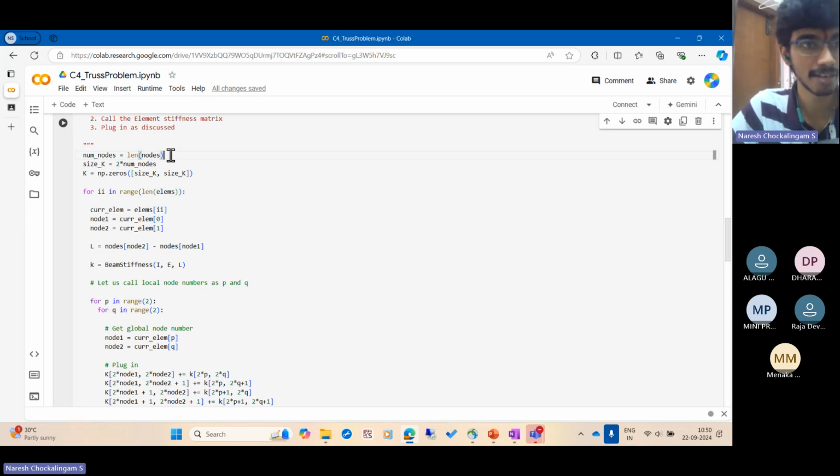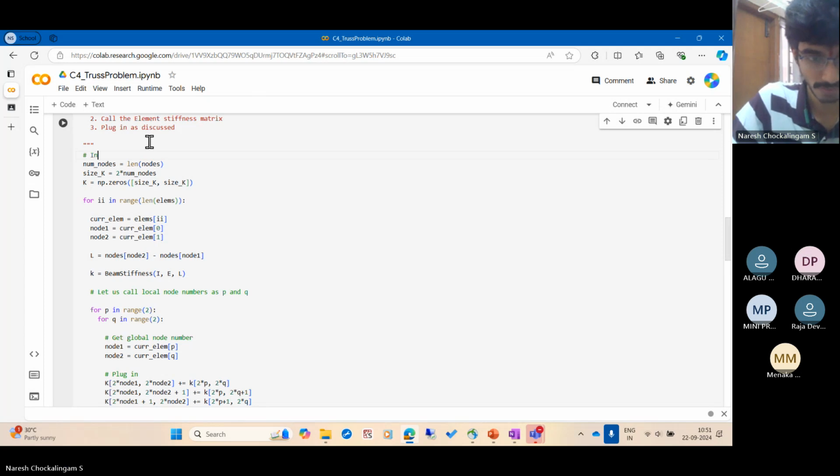So it is very similar. The first line will not change: num nodes is equal to length of nodes. The size of the stiffness matrix is 2 times the number of nodes. That's also not going to change. The initialization part has no change.